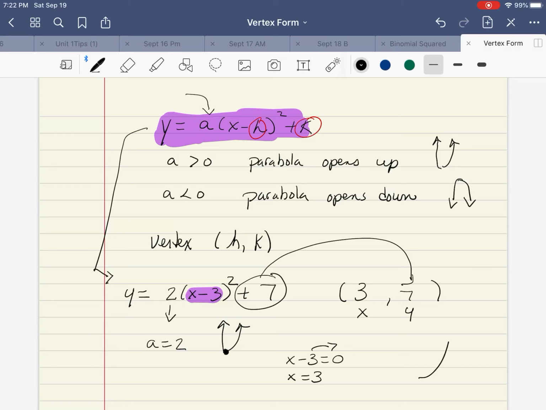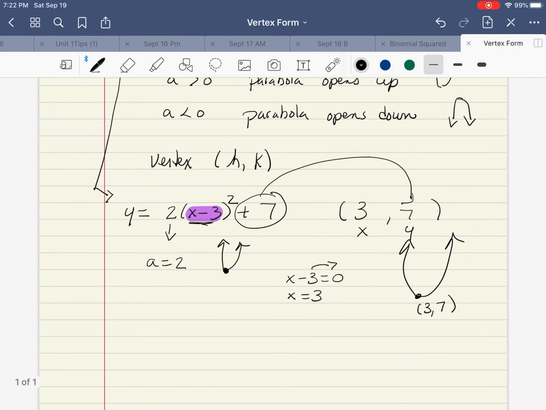So this parabola is going to open up, and it's going to have a vertex at (3, 7). Again, I think that solving for x inside the bracket becomes really helpful instead of just trying to grab out what you think h is, because sometimes you can miss the negative value if you do that.